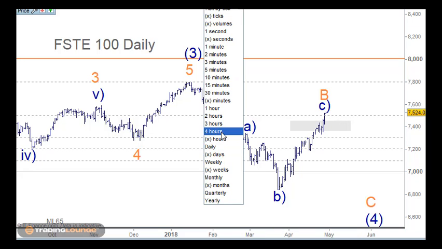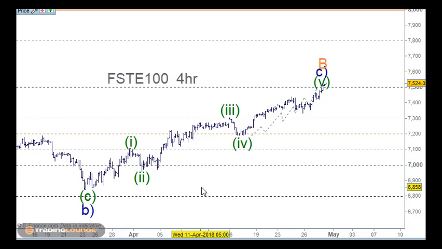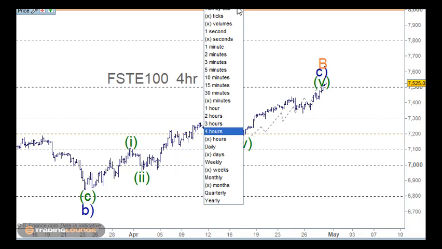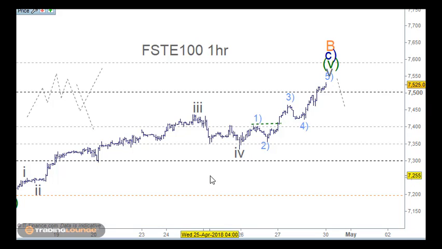On the 4 hour chart, we're looking at it like this in terms of 1 and 2, and then all the way up for the 3rd, the 4th wave here, and then all the way up for the 5th wave here. On the hourly chart, we were splitting hairs here in terms of wave 3, wave 4, and then 1, 2, 3, 4 and 5.